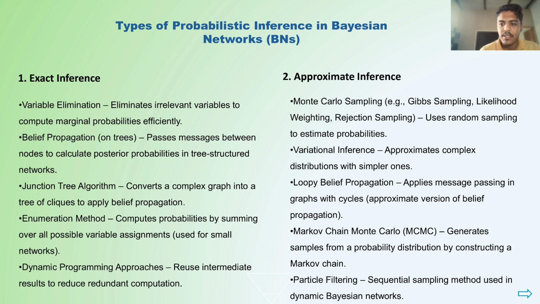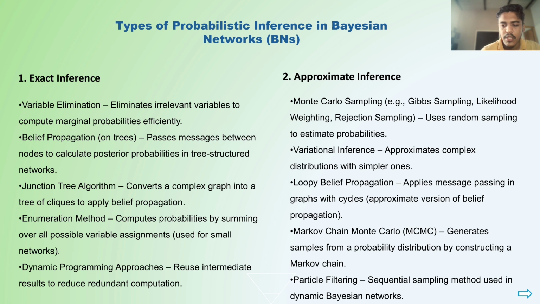Next one, approximate inference. Monte Carlo sampling uses random sampling to estimate probabilities. Variational inference approximates complex distributions with simpler ones. Loopy belief propagation applies message passing in graphs with cycles, an approximate version of belief propagation.